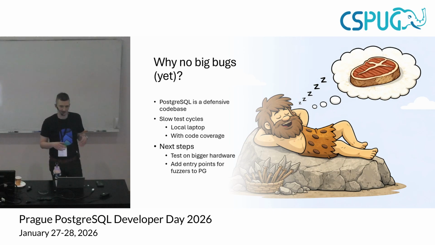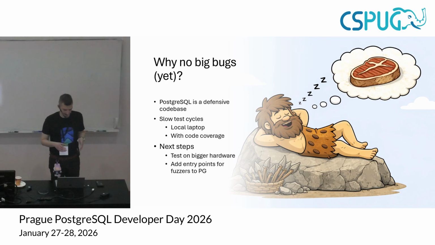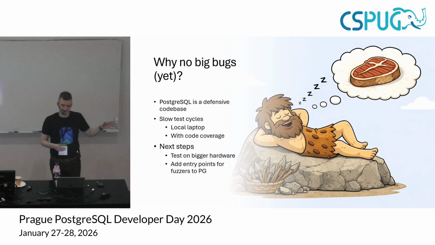Second, I was running on a local laptop, so the number of executions were not very big, and with code coverage enabled. I built a debug build with all the code coverage and also generated the files needed for that, which slowed down the number of executions I could do extremely.